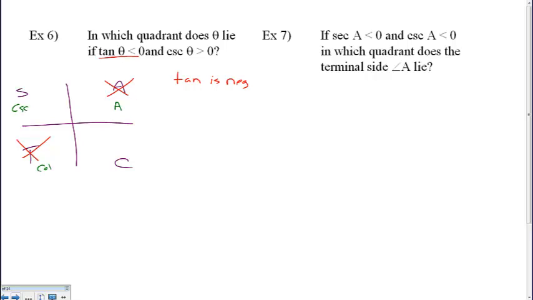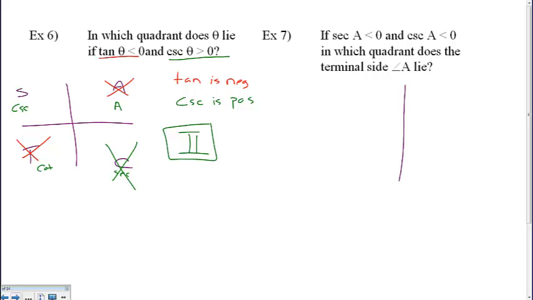All of them are positive in 1, cosecant in 2, cotangent in 3, and secant in 4. I know that the cosecant of theta is greater than 0. This tells me that the cosecant is positive. Since cosecant is negative in 4, I can cross it out, and I'm left with quadrant 2.